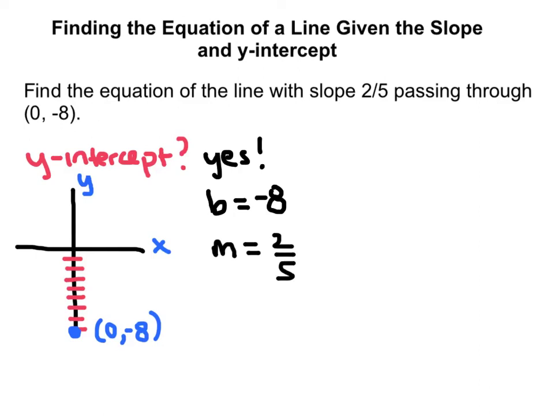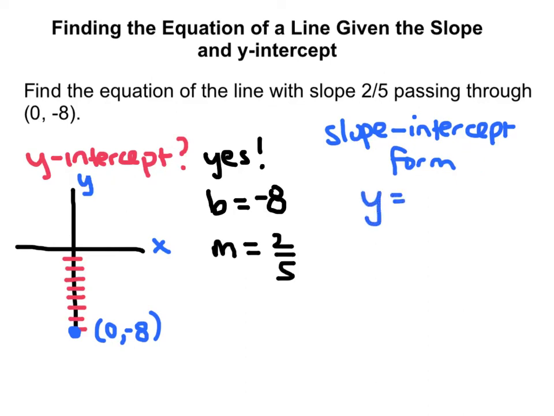And if we plug this into the slope-intercept form, the slope-intercept form is y equals mx plus b. That would leave us with y equals 2/5 x plus a -8.